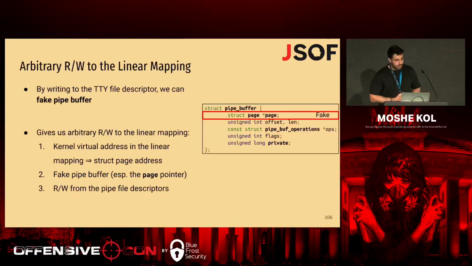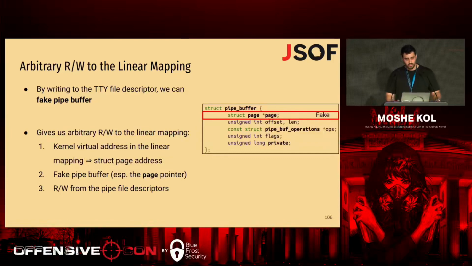And to get an arbitrary read-write to the linear mapping, we can simply fake a pipe buffer. By writing to the TTY file descriptor, we can fake a pipe buffer and fake this struct page pointer.